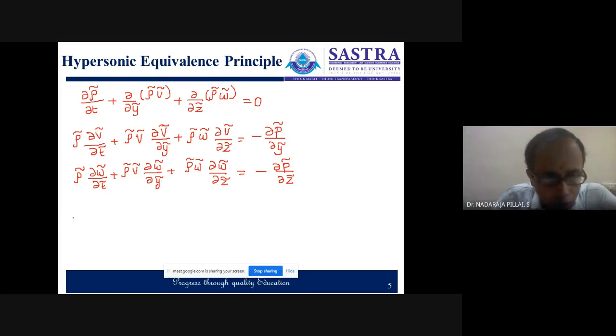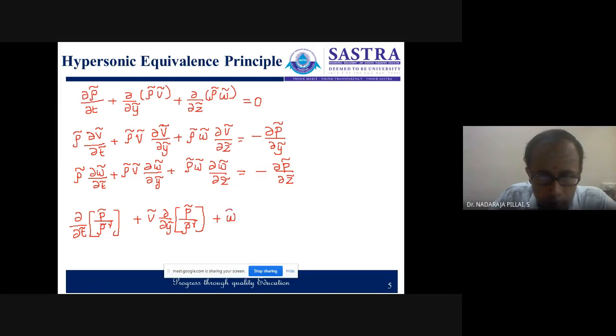The energy equation we can write as ∂/∂T̃ of P̃/ρ̃^γ plus Ṽ ∂/∂Ỹ of P̃/ρ̃^γ plus W̃ ∂/∂Z̃ of P/ρ^γ, and that is equal to zero.